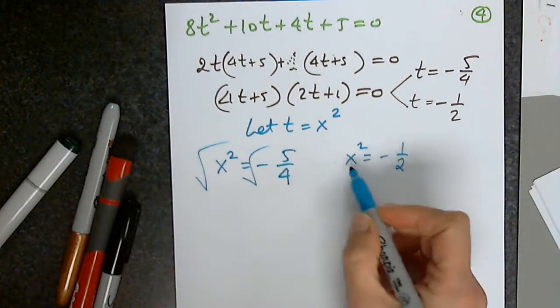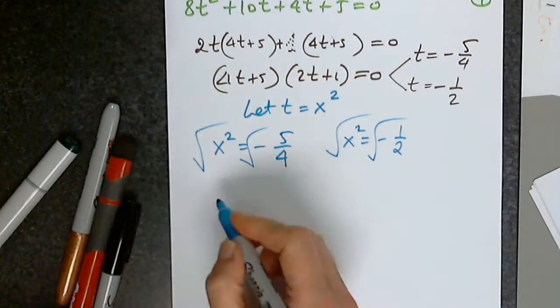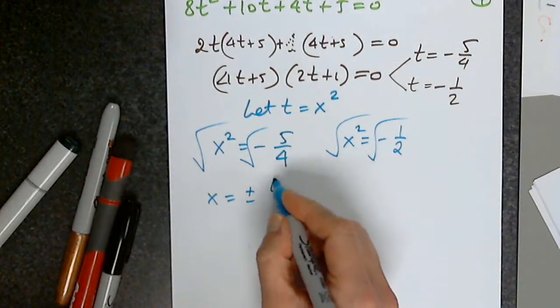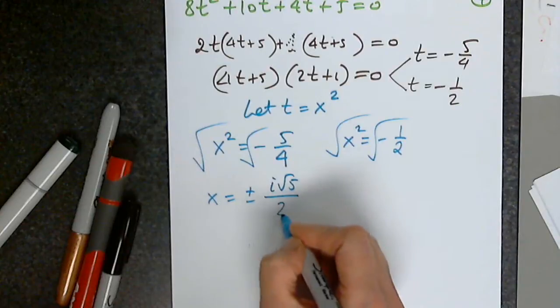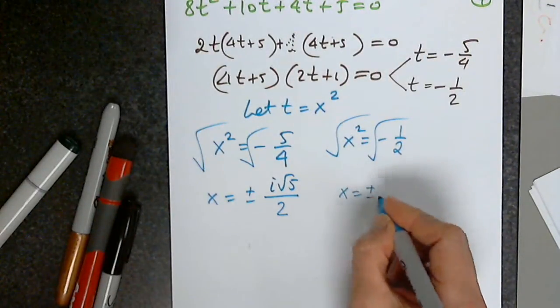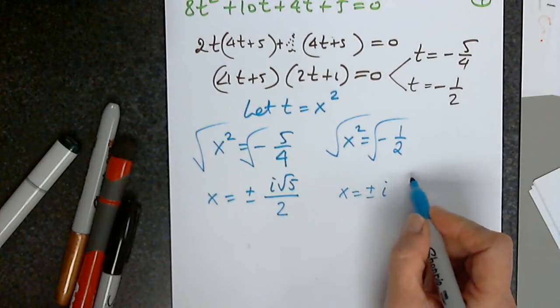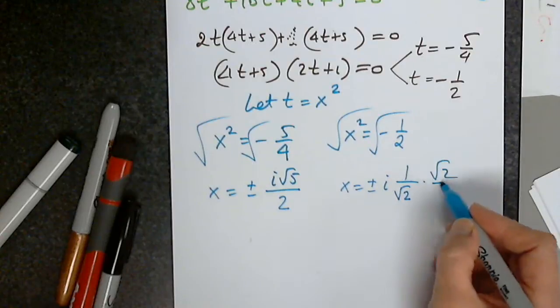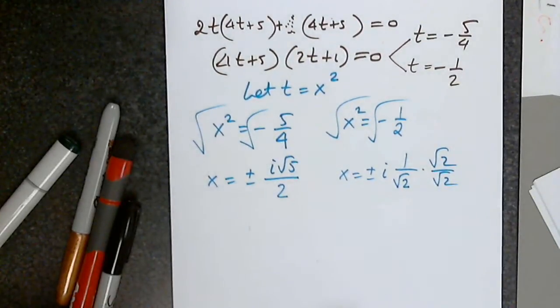And the method must be this. So then x equals plus or minus i the square root of 5 over 2, and x equals plus or minus i over the square root of 2, but I need to rationalize, as we know from the previous chapter.